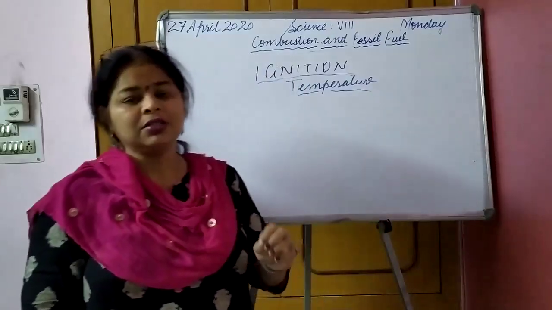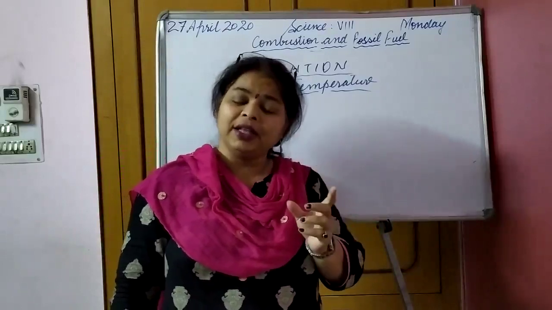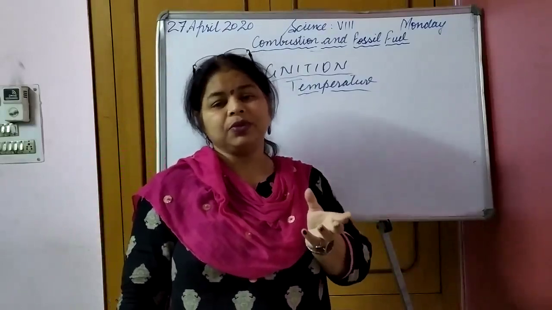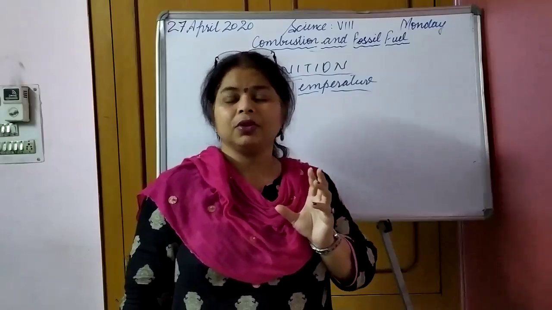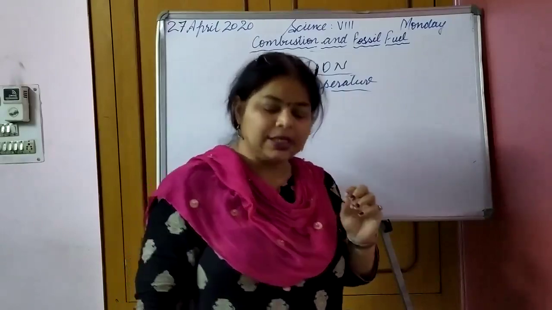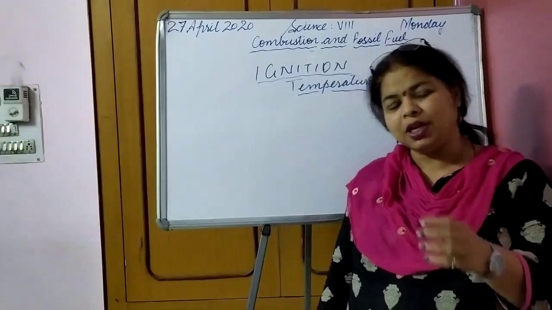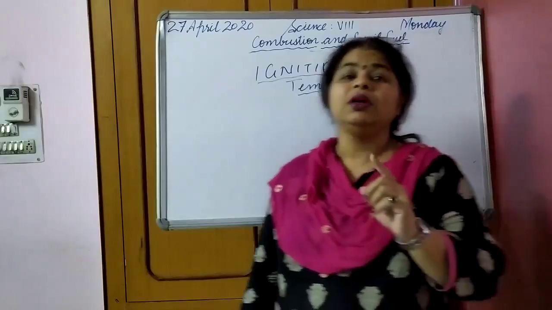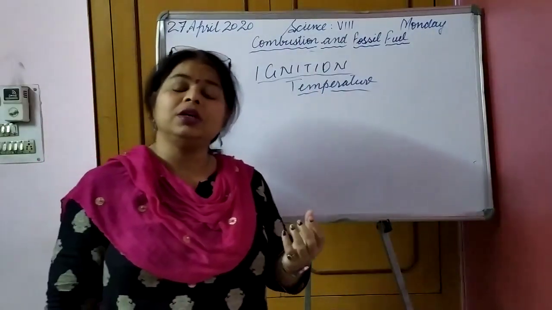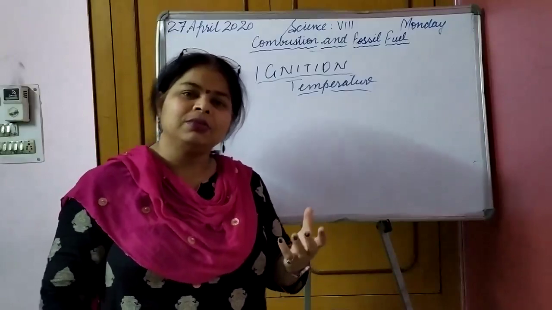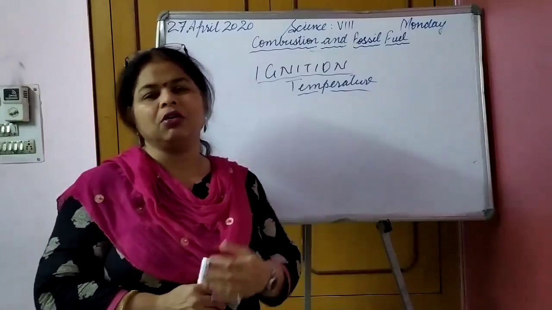The substance can catch fire when it attains the ignition temperature and gets sufficient supply of oxygen or air. So ignition temperature is the minimum temperature at which any substance starts burning in the presence of a combustion supporter, that is, something in which it can burn, for example oxygen or air.